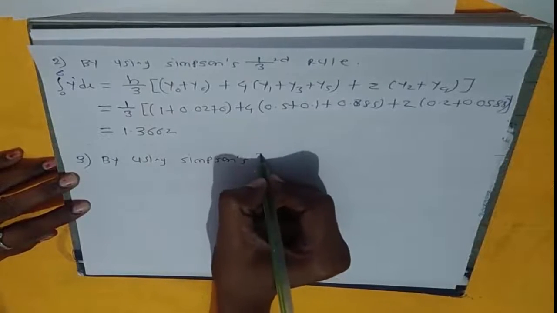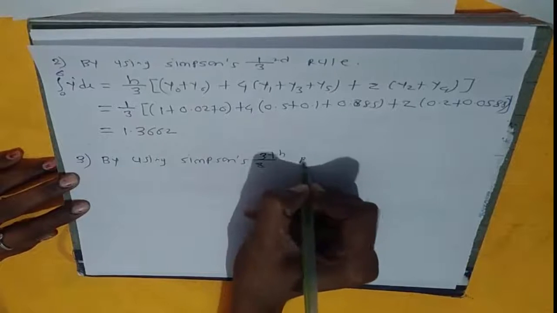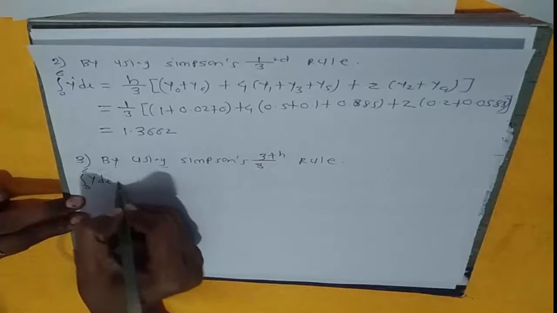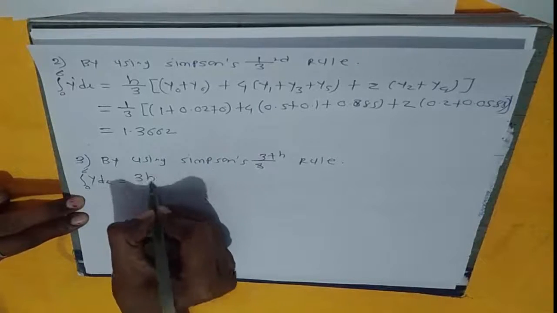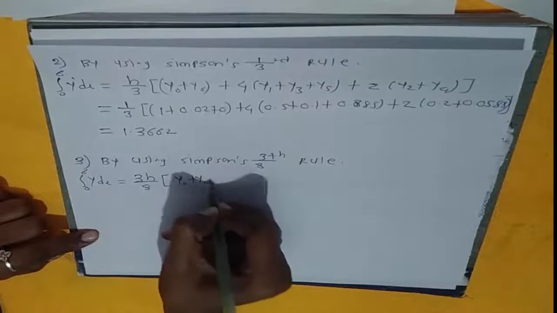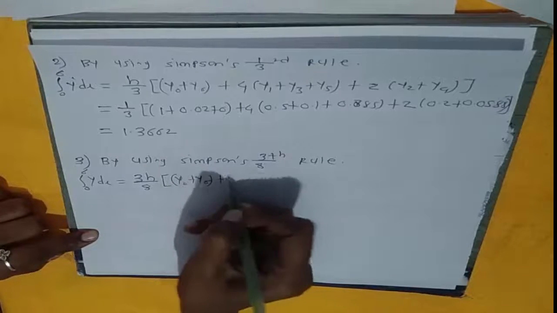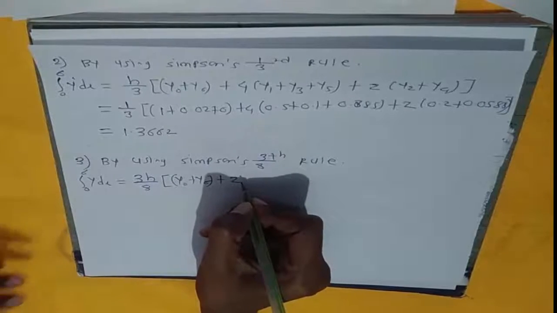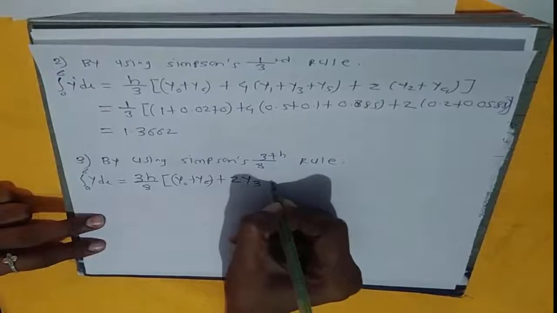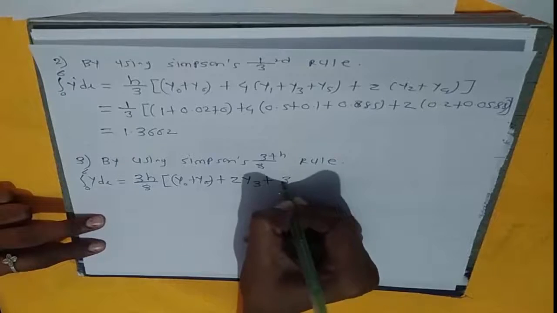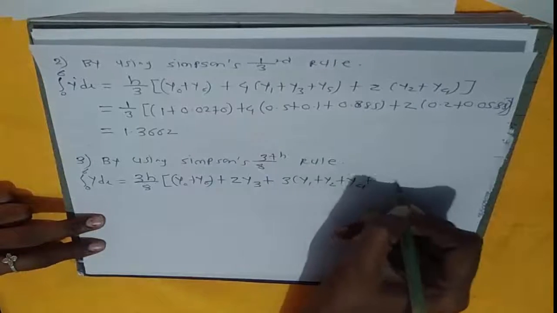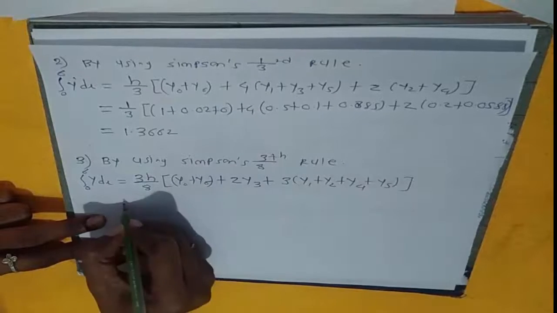Integration from 0 to 6 of y dx is equal to 3h by 8 in bracket, the addition of extreme ordinates y0 plus y6, plus 2 times the multiple of 3, which here is only y3, so 2y3, plus 3 into the remaining ordinates y1 plus y2 plus y4 plus y5. Again we put in the values.